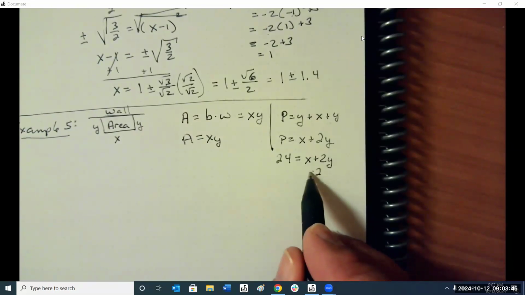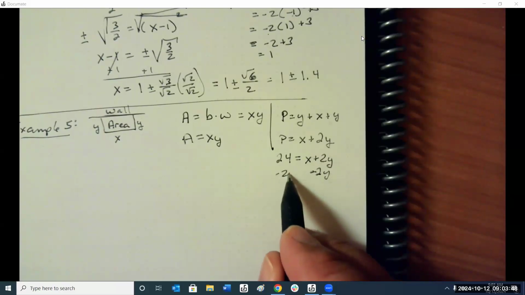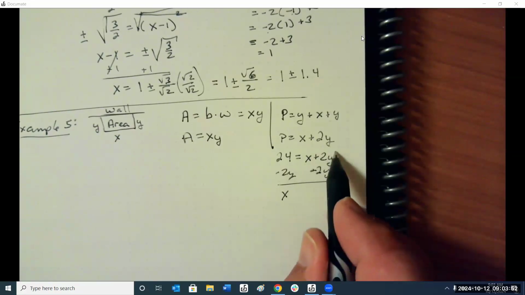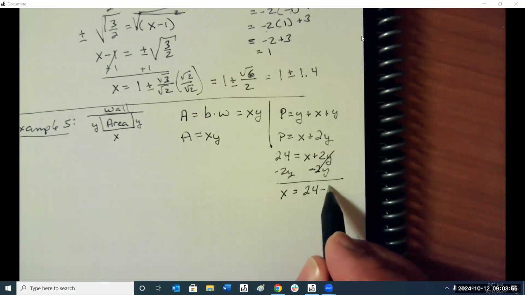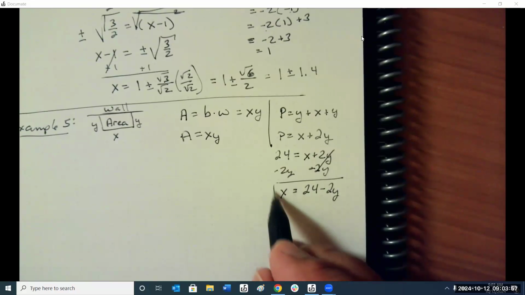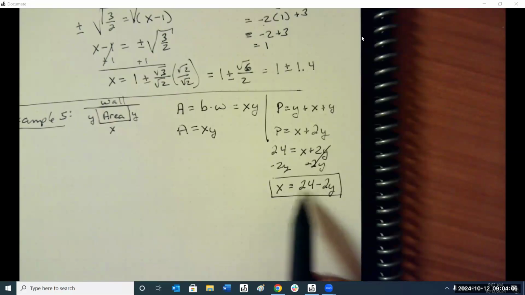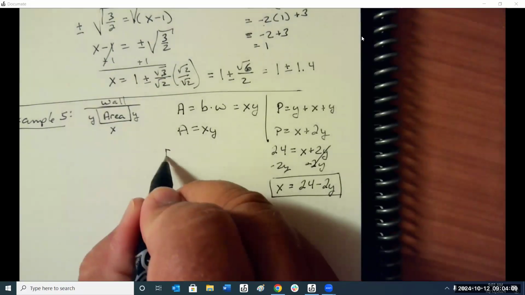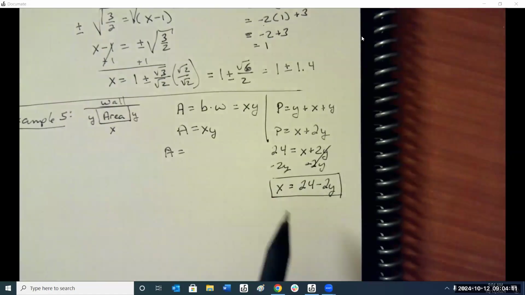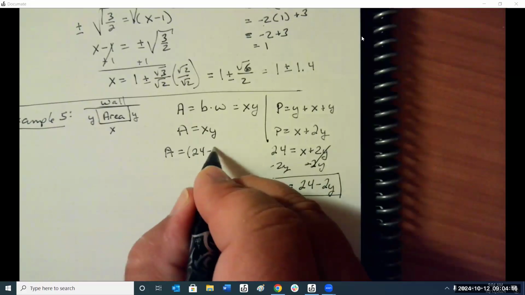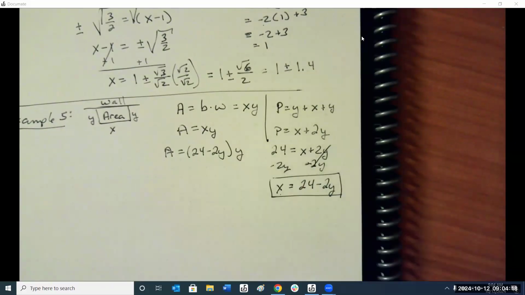If we subtract 2y from both sides, we get x equals 24 minus 2y. So x is in terms of y. In our area formula, anywhere I see an x, I put 24 minus 2y, times y.